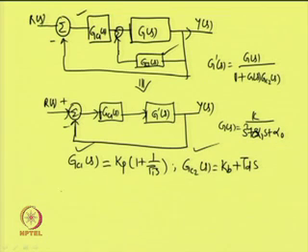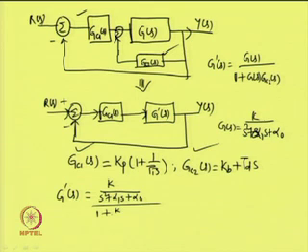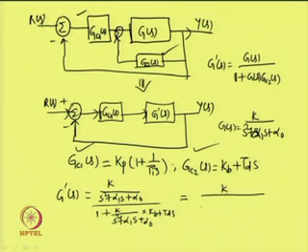Now, G dash (s) can be obtained as k upon s square plus alpha 1 s plus alpha 0 divided by 1 plus k upon s square plus alpha 1 s plus alpha 0 times (Kb plus Td s), which can be simplified to the form of k upon s square plus (alpha 1 plus k Td) s plus (alpha 0 plus k Kb).